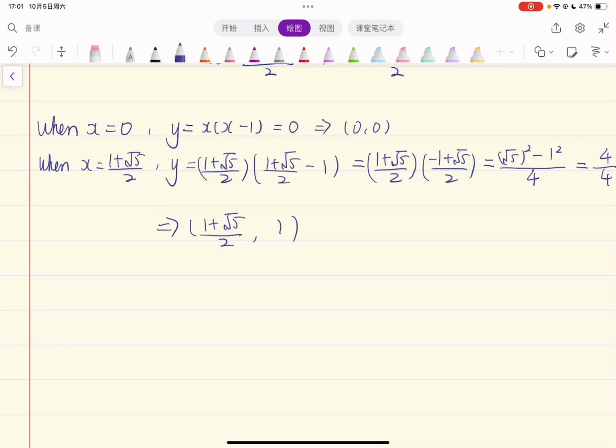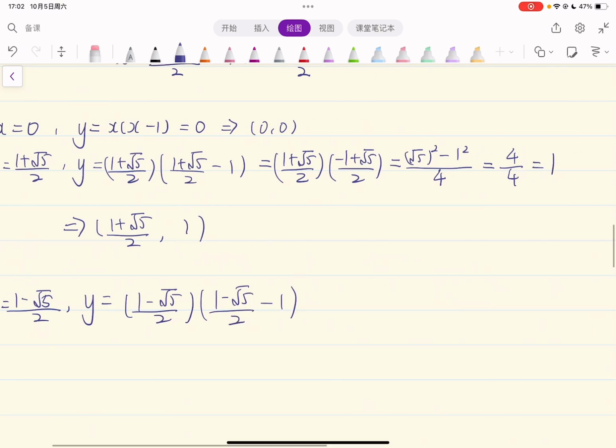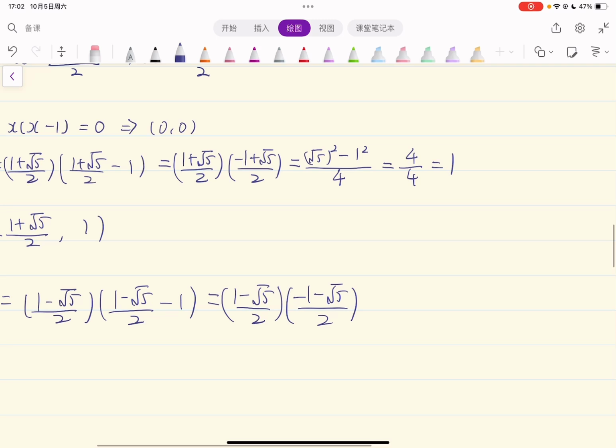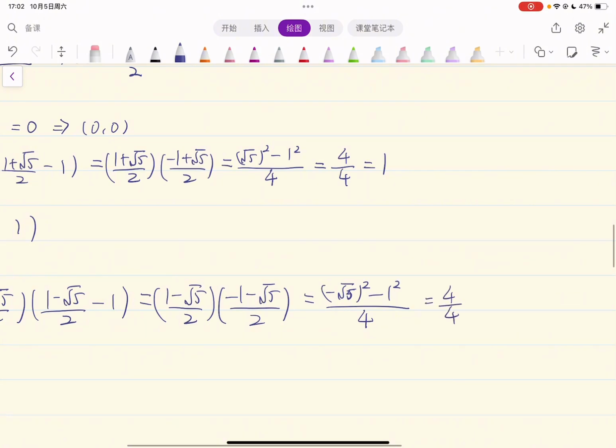Now for the third one, when x equals (1 minus square root of 5) over 2, we have y equals (1 minus square root of 5) over 2 times ((1 minus square root of 5) over 2 minus 1), which equals (1 minus square root of 5) over 2 times (minus 1 minus square root of 5) over 2, which equals minus (square root of 5 squared minus 1 squared) over 2 times 2, that is 4, which equals 4 over 4 equals 1.